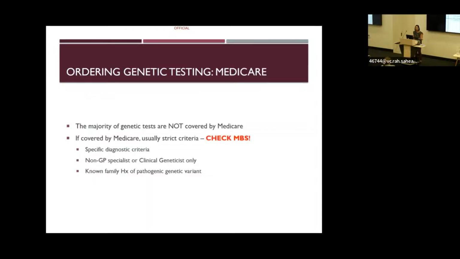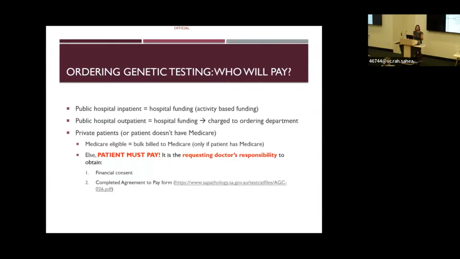So speaking a little bit more of that. While we're getting new Medicare items every day, unfortunately, the majority of genetic tests are not covered by Medicare. If they are, there's super strict criteria. It's a diagnostic criteria, who's allowed to order the test, and if there's a family history of genetic testing. So it's very important to check who is going to pay for the testing.